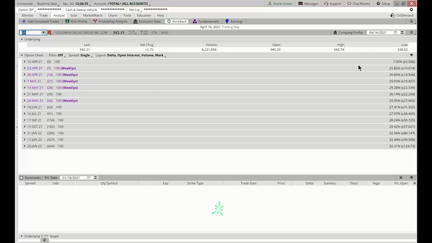Your options will have only intrinsic value. They'll either be in the money or they will be out of the money. They won't have any extrinsic value, and extrinsic value is the place where implied volatility calls home. Okay, implied volatility lives in extrinsic value.